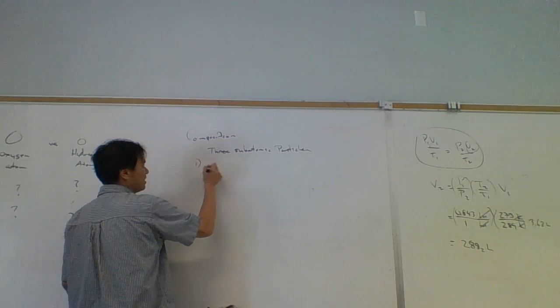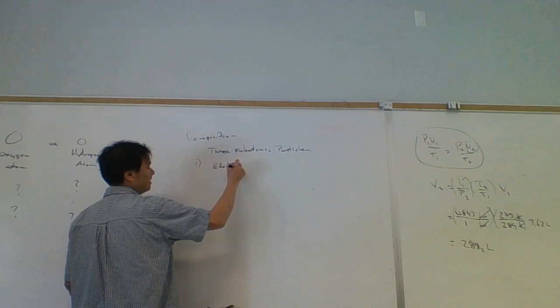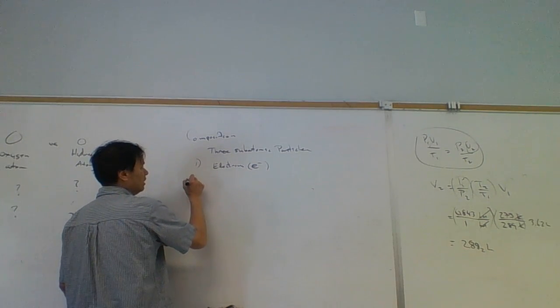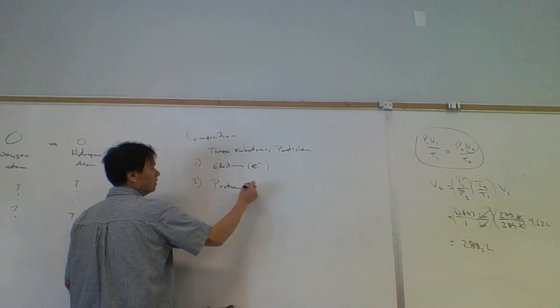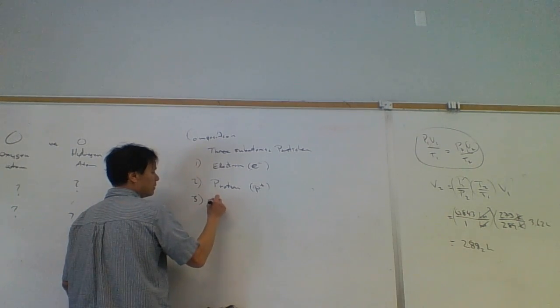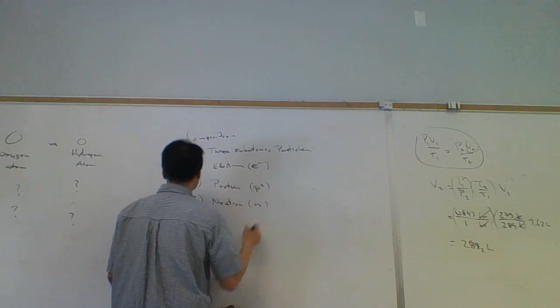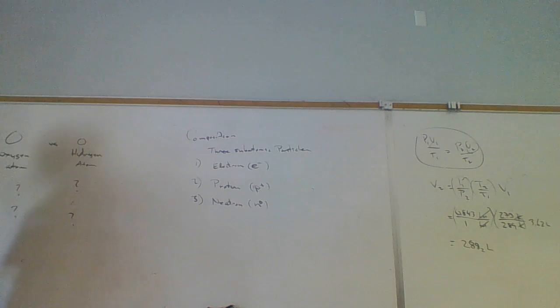The first subatomic particle is the electron. Just talked about it there. It has the symbol e minus, or e. Then the second subatomic particle is called the proton, p plus, or just p. The third subatomic particle is called the neutron. It's given n, or n0. So those are 3 subatomic particles.